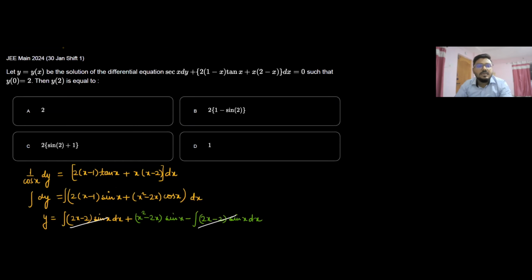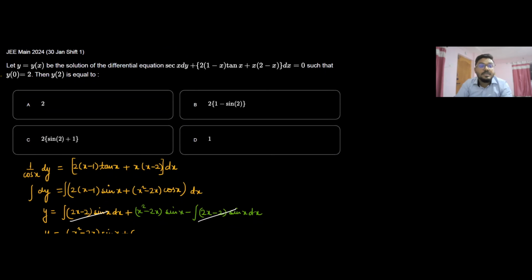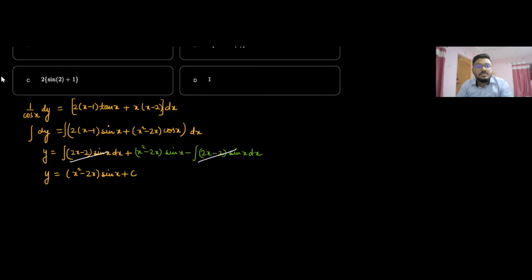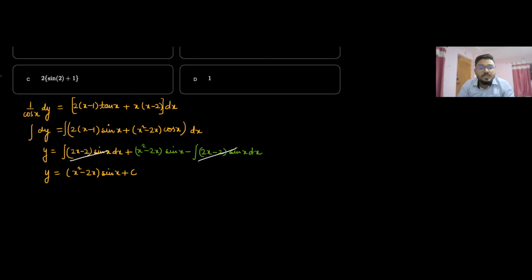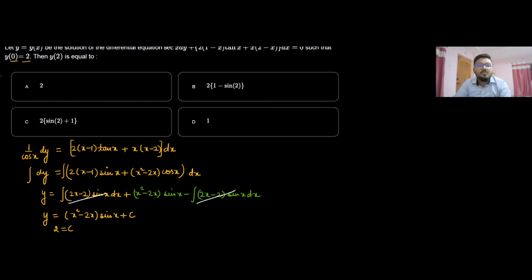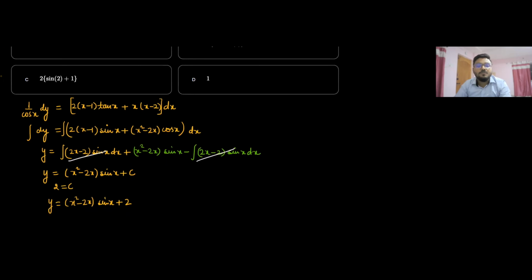And now they have given this passing point (0, 2). x is 0, y is 2 means c equal to 2. So solution is y equal to (x square minus 2x) into sine x plus 2. And next they are asking for y of 2. Means x equal to 2 we have to substitute.